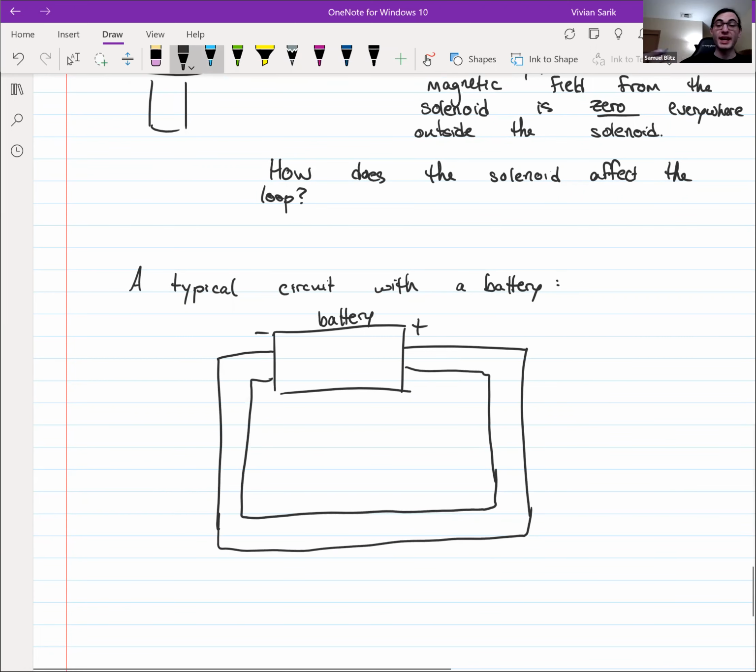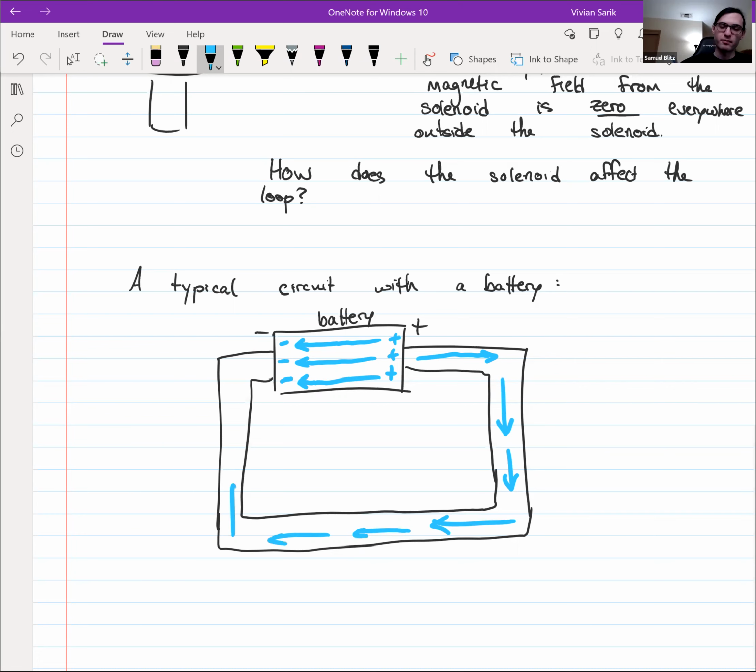Inside of the battery, you have a whole bunch of charges that are separated by chemical reactions. And so those charges develop an electric field that runs from positive to negative. And also you have an electric field that runs around the circuit, and that's what causes current to flow. The electric field that runs around the circuit, right?